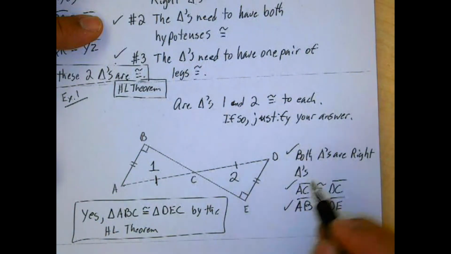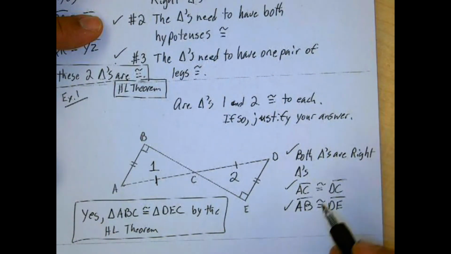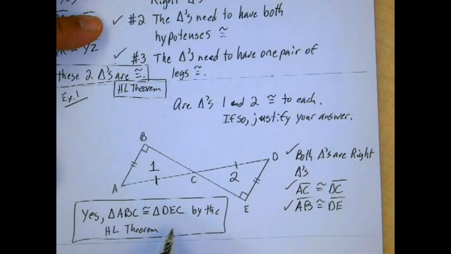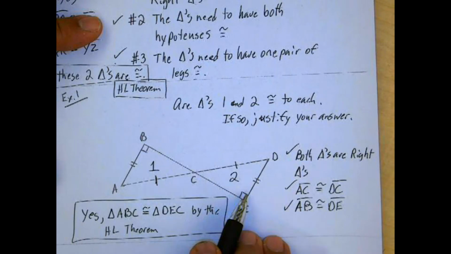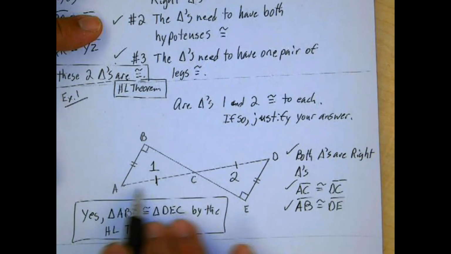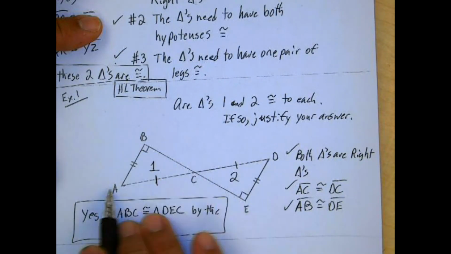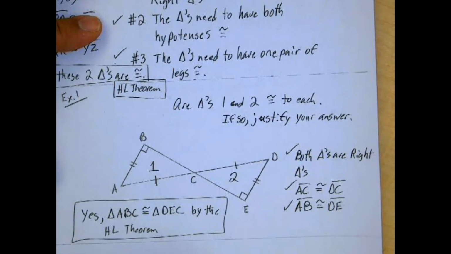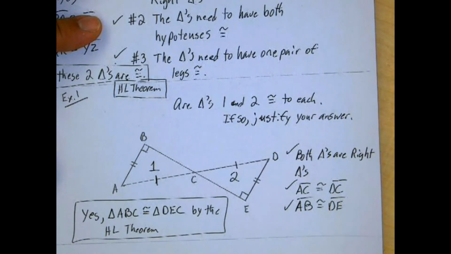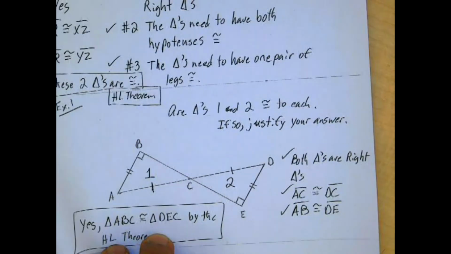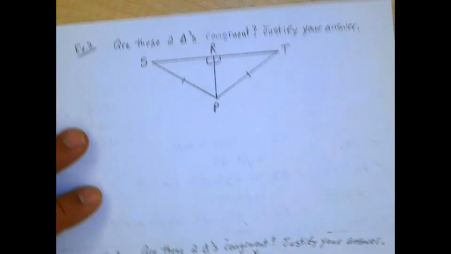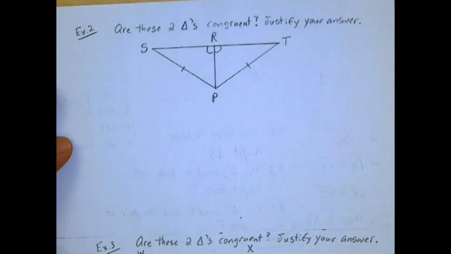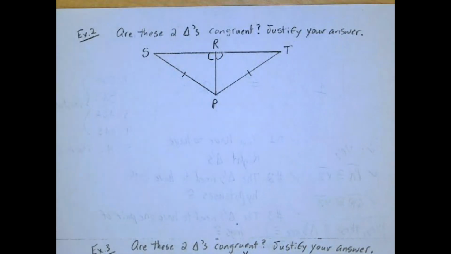Making that list and checking them off is proving this statement right here, because we're able to say the HL theorem because we know for a fact that these are right triangles, the hypotenuses are congruent to each other, and the legs are congruent to each other. You have another angle that you can actually see, which are vertical angles, but that's not necessary for the HL theorem.